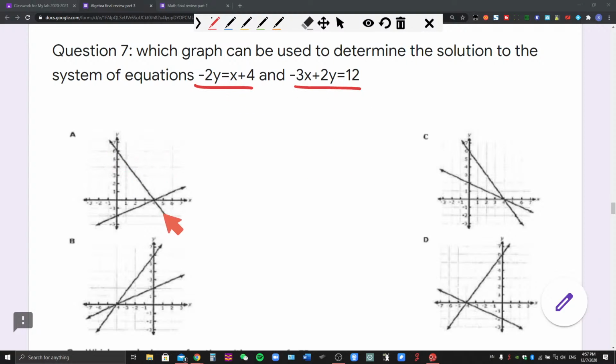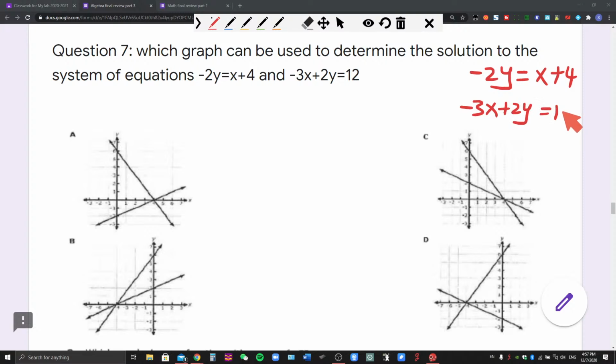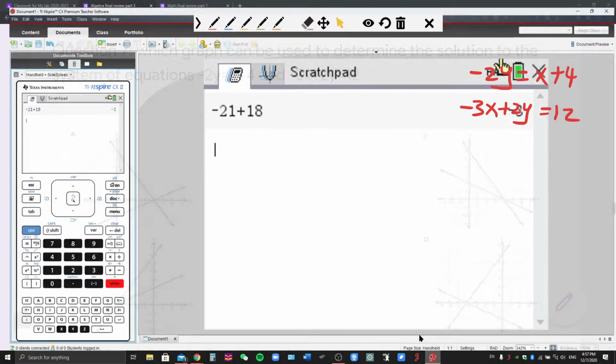As long as you can tell which two graphs they are, then you will be able to find out which graph that is. So we will do it on the calculator. Let me write it down. Negative 2y equals x plus 4, and negative 3x plus 2y is 12. Okay, let's do it on the calculator.